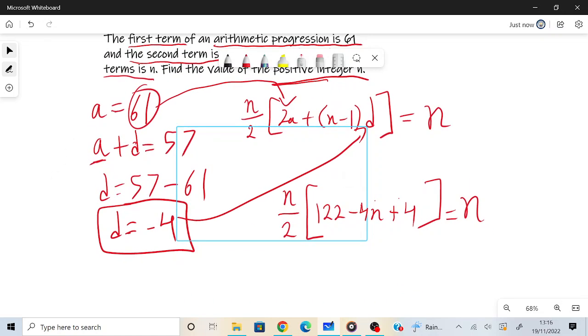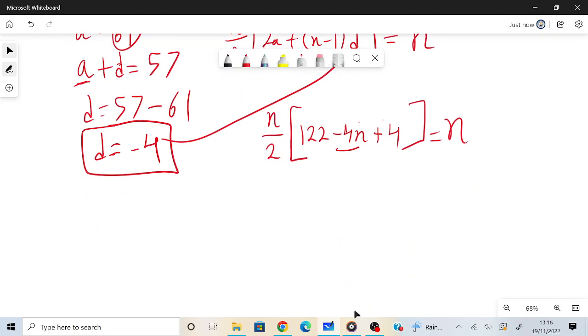Basically, I put 61 in, so 2 times 61 gives me 122, and since d is minus 4, minus 4 times n gives me minus 4n, and minus 4 times minus 1 gives me plus 4, because the minuses cancel out.